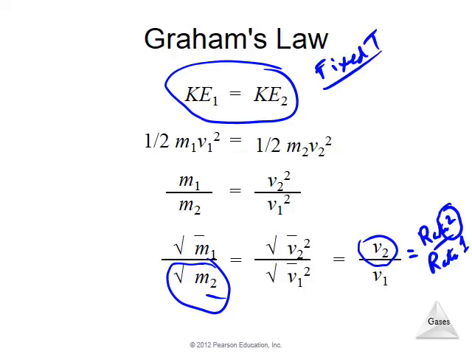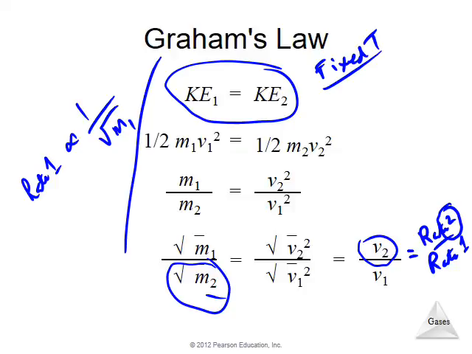So I can write that rate 1 is inversely proportional to the square root of the mass of component 1, or gas 1. Keep that in mind: the rate depends inversely upon the square root of the masses. And we're going to apply this in solving problems.